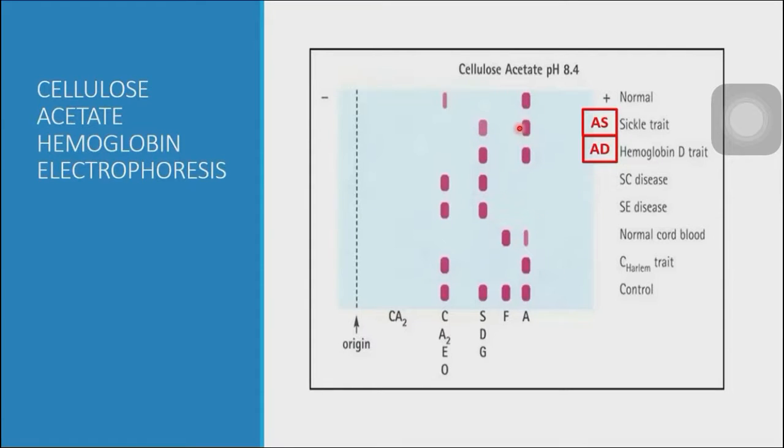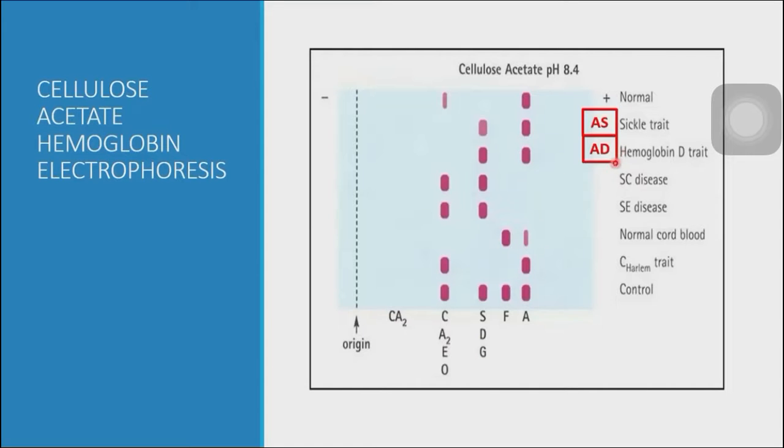Hindi cellulose acetate yung magdi-differentiate sa kanila. Okay, you need to subject them in citrate agar hemoglobin electrophoresis in which, okay, magsiseparate na yung S, D, at G. Okay, although ang mag-separate na si S hihiwalay, okay, magsasama pa rin si D at G.